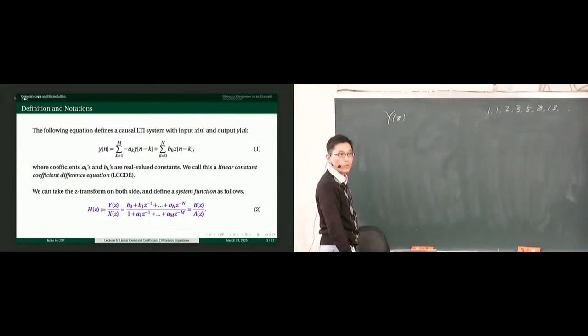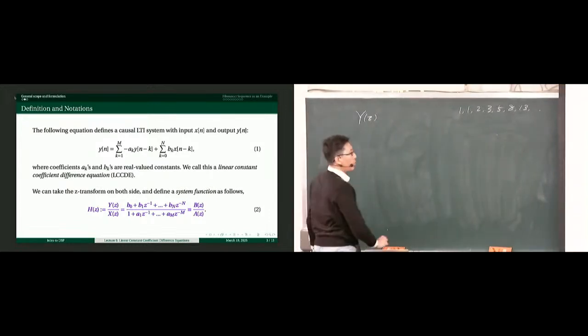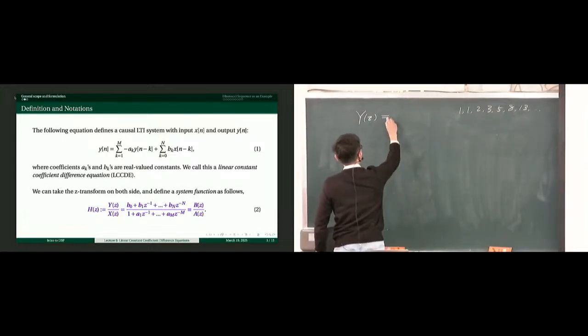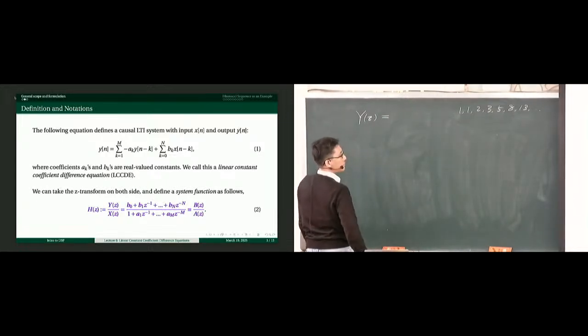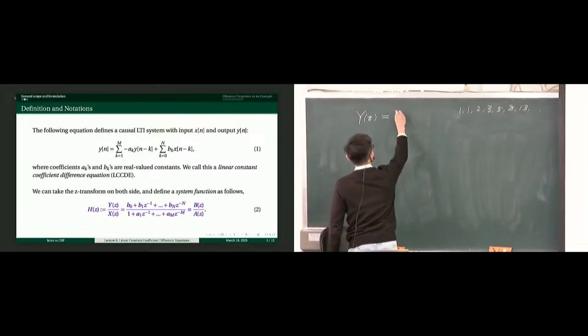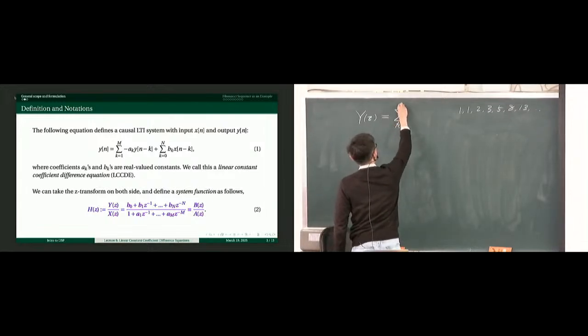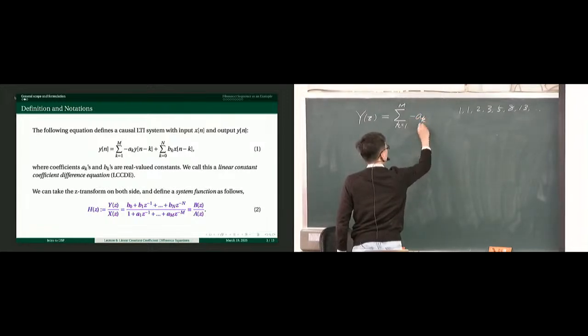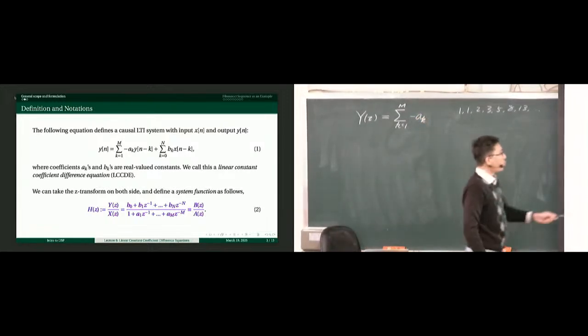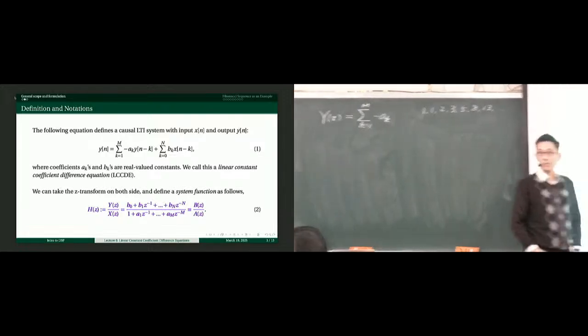But what is going on on the right-hand side? On the right-hand side, we have a summation. K is the dummy index, goes from 1 to big M, and minus a_k is the constant coefficient, but then y delayed by k samples.